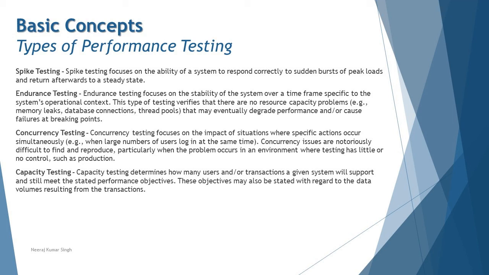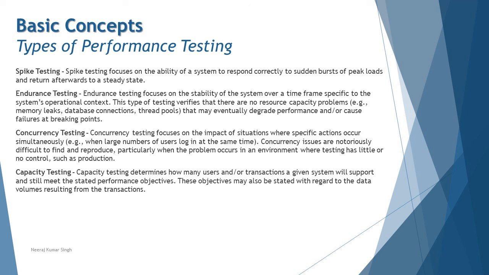The other one is capacity. Capacity testing determines how many users or transactions a given system will support and still meet the stated performance objectives. These objectives may also be stated with regard to the data volumes resulting from transactions. So that's another thing to check: the capacity of the system, which it can handle at any point of time, and making sure that this meets the expectations of the requirements.